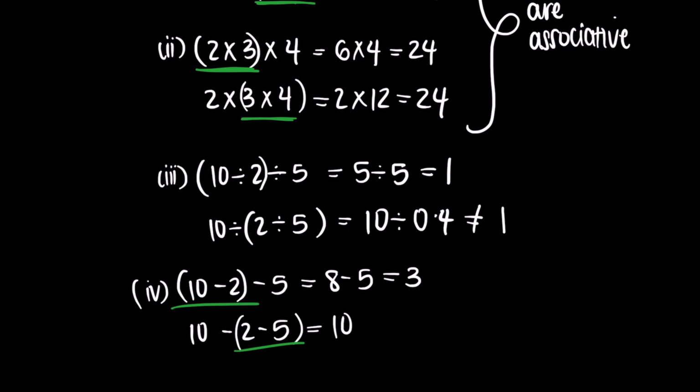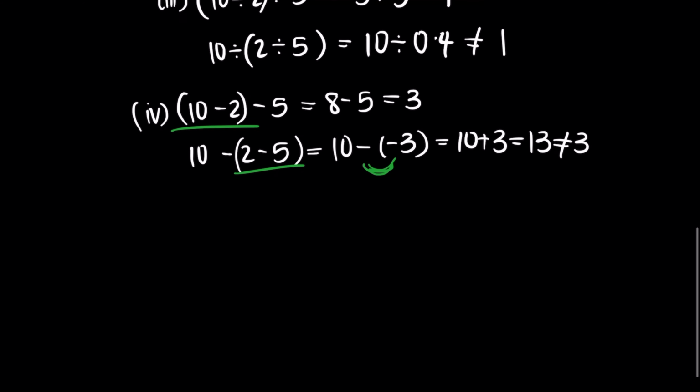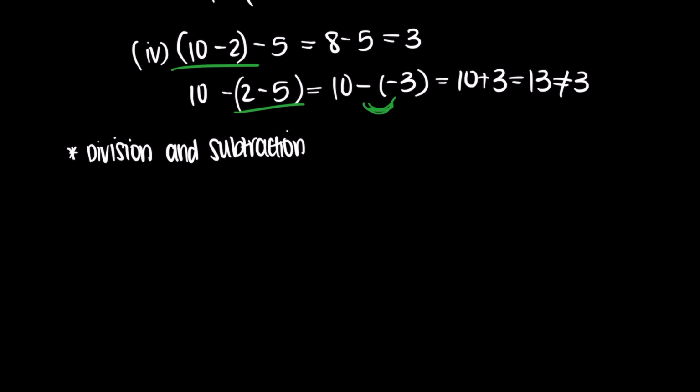And so 10 minus negative 3, from our last lecture, we determined that if the signs are the same, we add. So this becomes 10 plus 3. So our answer is 13, which is clearly not equal to 3. And this signifies that division and subtraction are not associative.